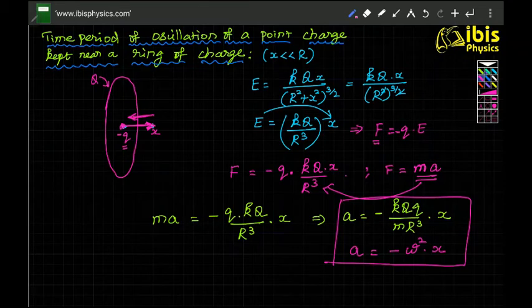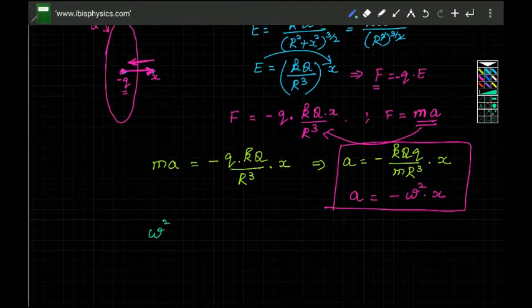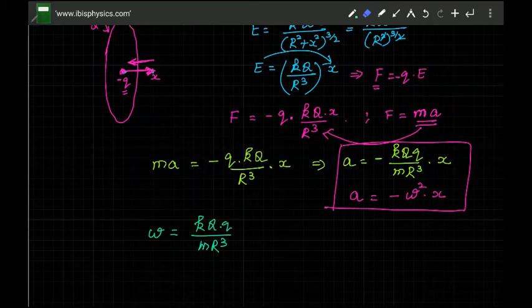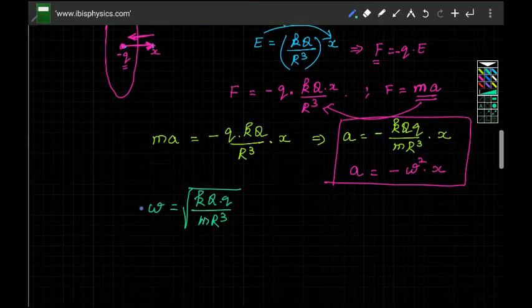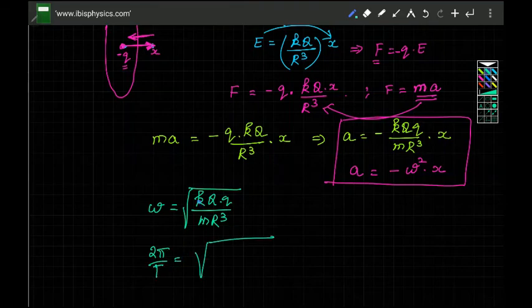Hence, omega square is equal to k q q by m r cube, which means omega is equal to root over k q q by m r cube, when you take the square root. But we know that omega is equal to 2 pi by time period. So 2 pi by time period is equal to root over, and here you know that k is 1 by 4 pi epsilon naught, into q q by m r cube.